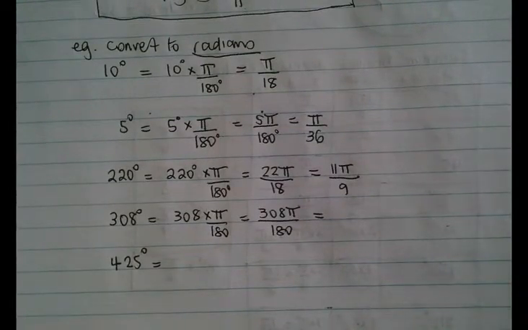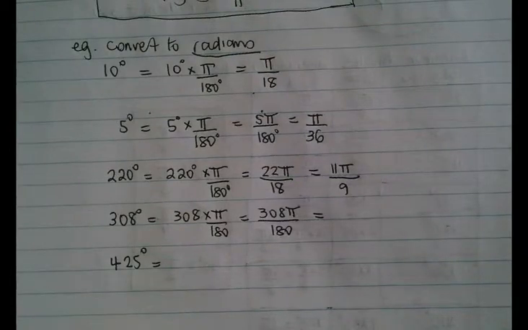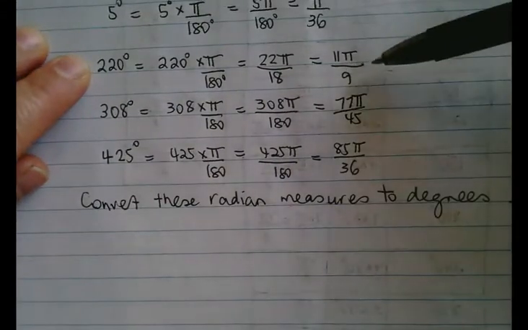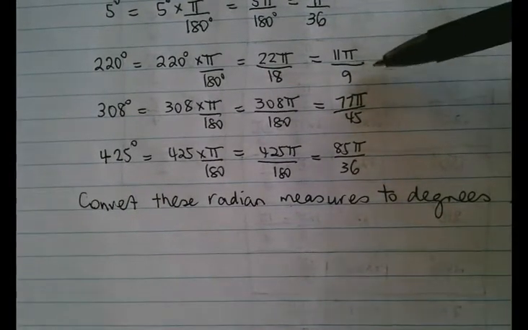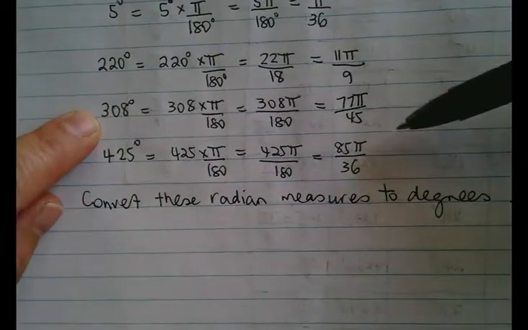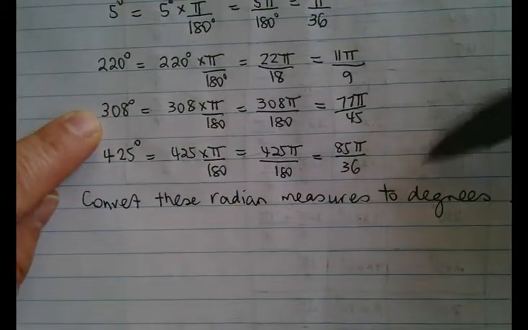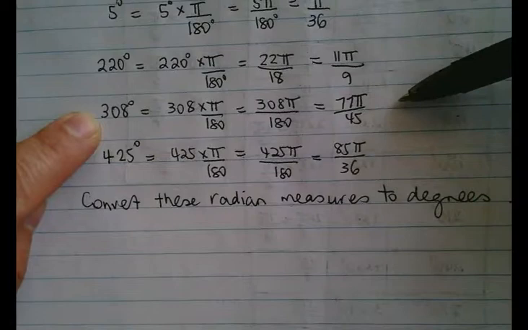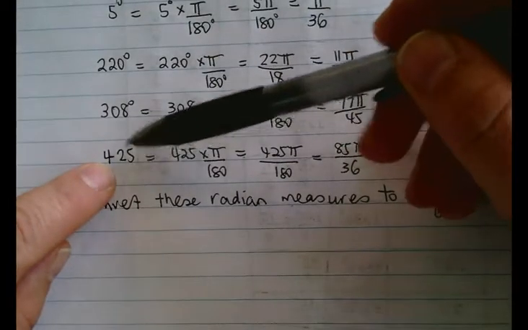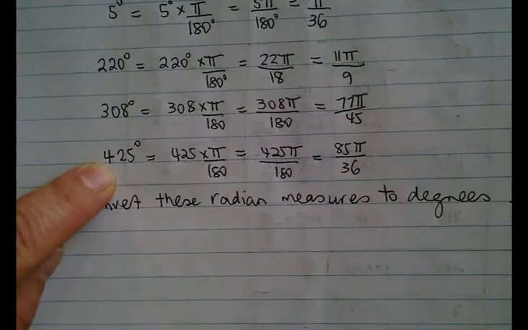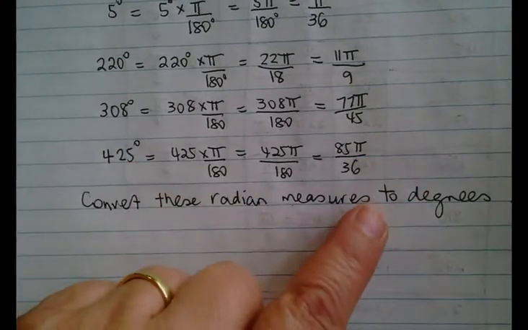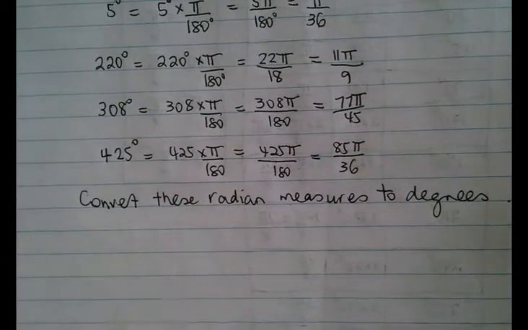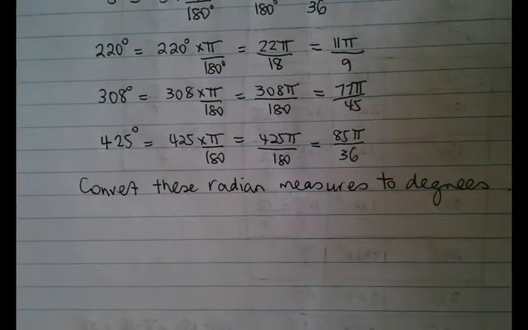I think you can divide them both by 2, and 2 again. For example, 220 we know is more than 180 degrees, so it's bigger than 1 pi. It's actually 1 2/9 pi. 308 degrees is getting close to 360 degrees. It's almost 2 pi. And if an angle is bigger than 360, it is bigger than 2 pi, for example, because 72 pi on 36 is 2 pi, because 72 on 36 is 2.